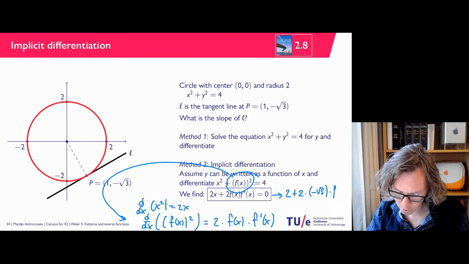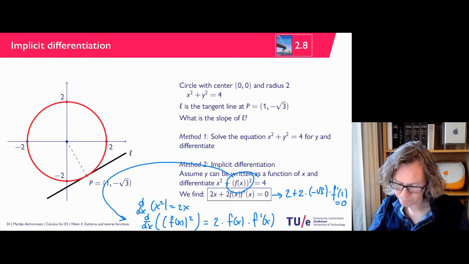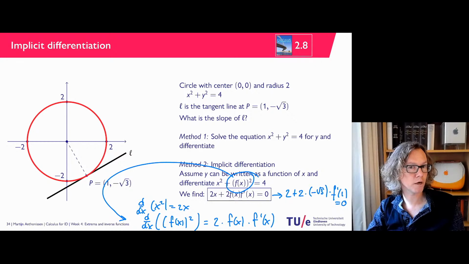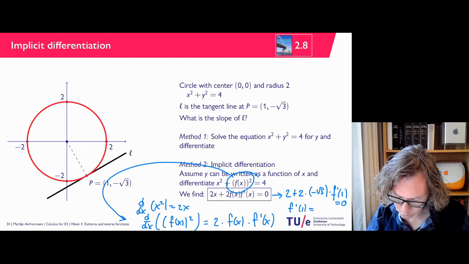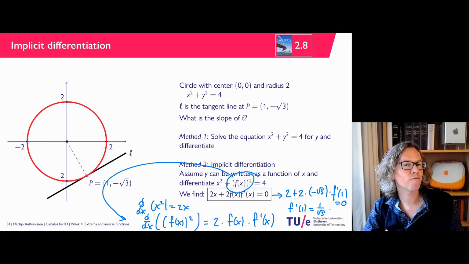And then we have here f prime of 1 equals 0. And f prime of 1, that's the slope of the tangent line. That is what I would like to compute here. So we see that f prime of 1 equals 1 over square root of 3, which is, of course, exactly the same as what we found using method 1.